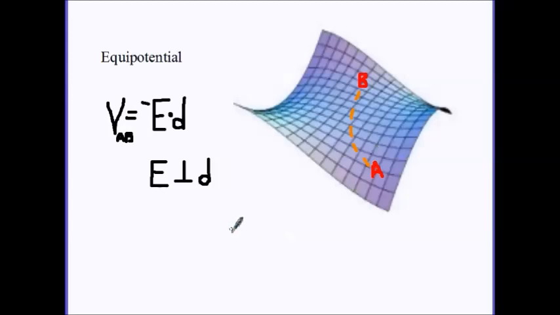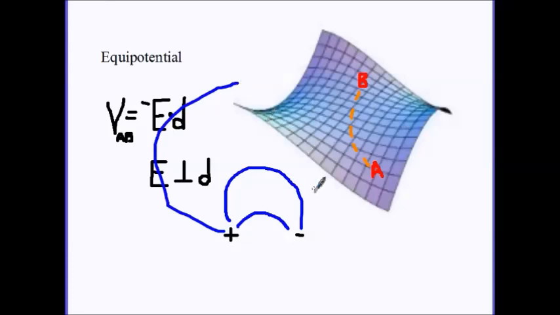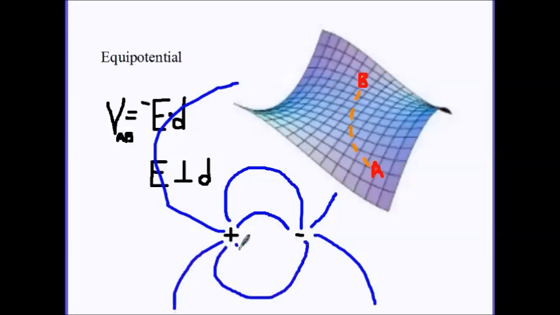If you have, say, a positive and a negative charge, we'll get some color here, then they have a field which looks like this. And we're not done, of course.